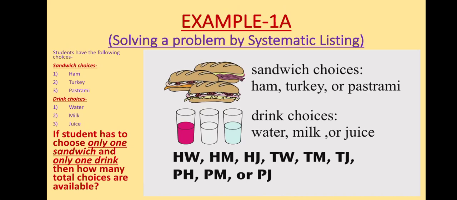Same way, the other choices are TW, means turkey water, then turkey milk and turkey juice. Similar way, you have pastrami water, pastrami milk or pastrami juice. So in this way, if you list out the possible outcomes, then you can solve a problem in a better way.